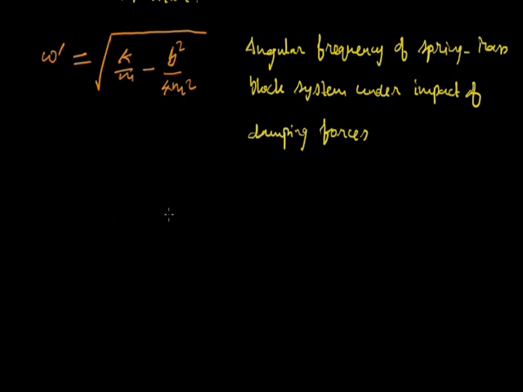And here we know the term k/m is equal to ω₀ squared, where ω₀ is the natural angular frequency of the system.